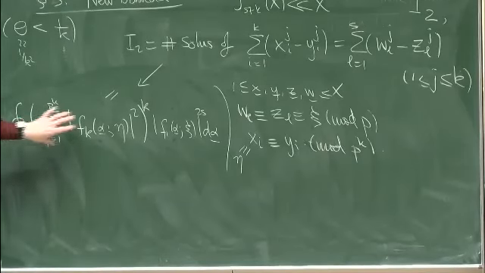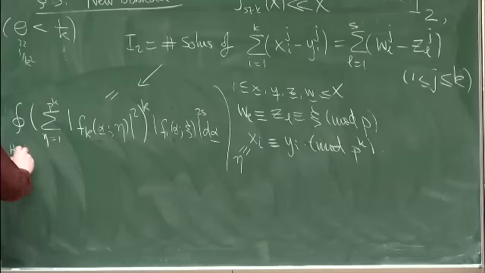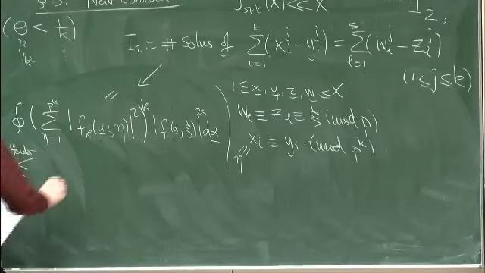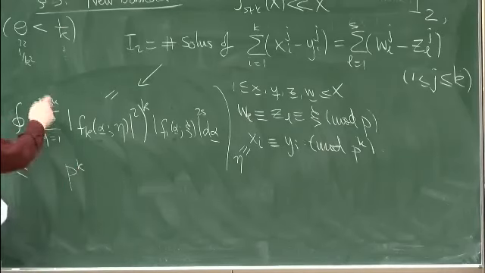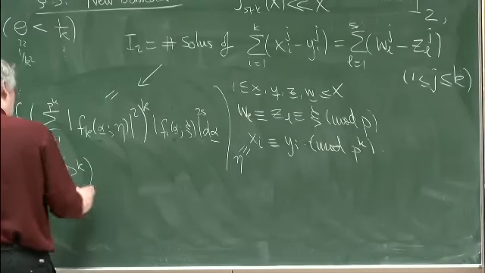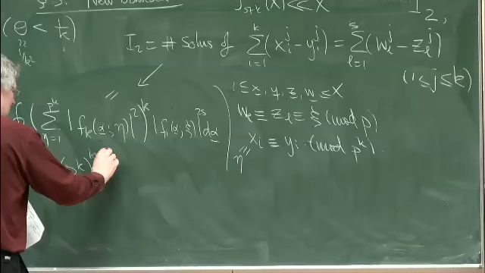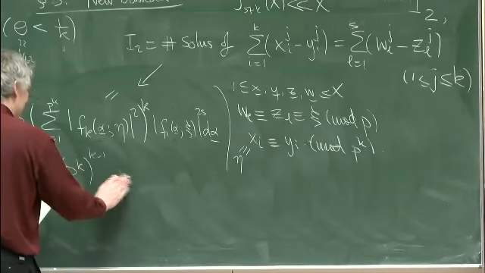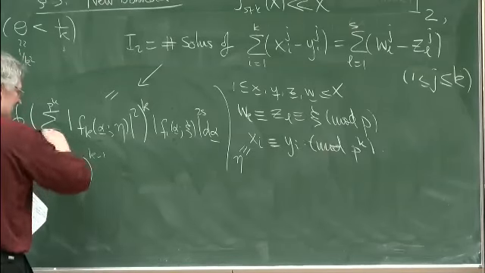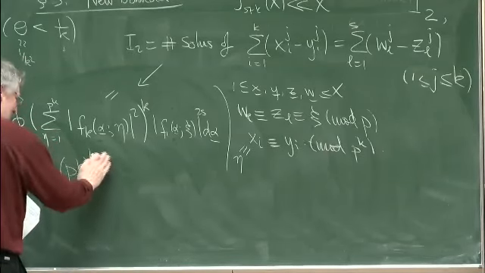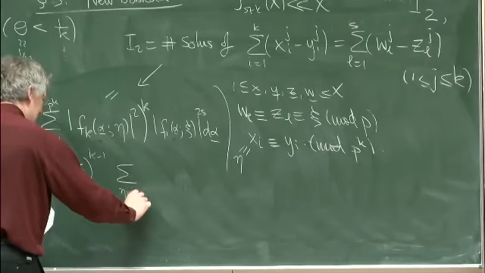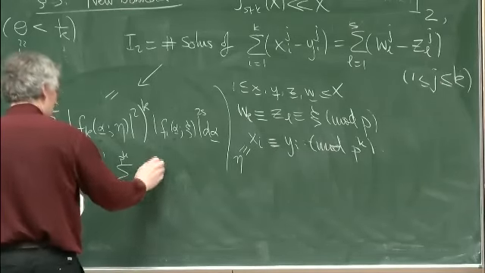Now, of course, it's inconvenient having lots of different classes here, so let's use Holder's inequality to simplify this somewhat. So I can force these all into the same congruence class. So there are p^k choices here. If I write down p^(k-1) times the sum over eta of something, then this is certainly an upper bound for this.